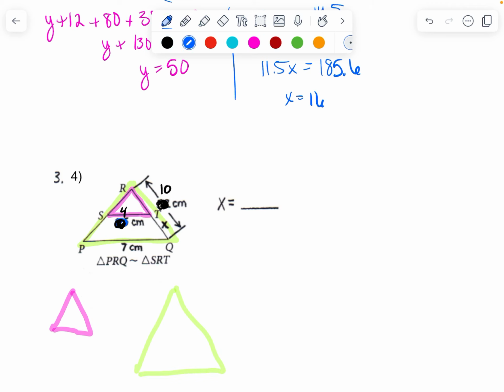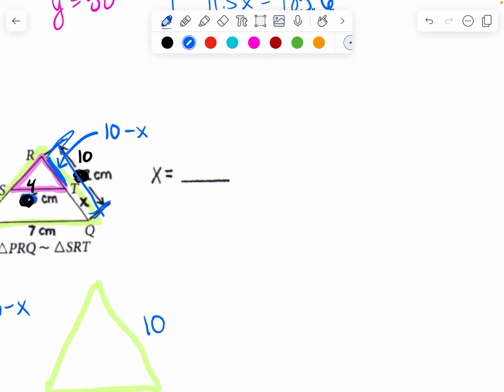So for these sides, I've got 4 on the little guy, 7 down here. And then for the green one, this whole one is 10. And then this guy is kind of tricky. You have to take 10 without the x. And that's usually the hardest part.